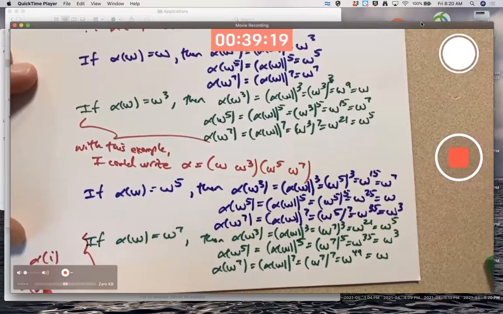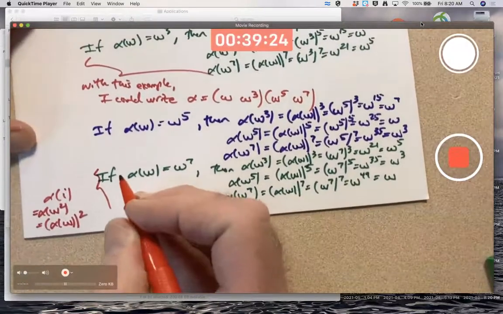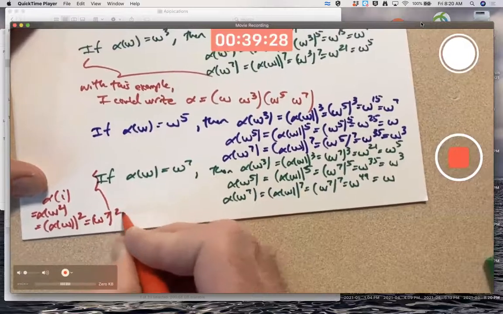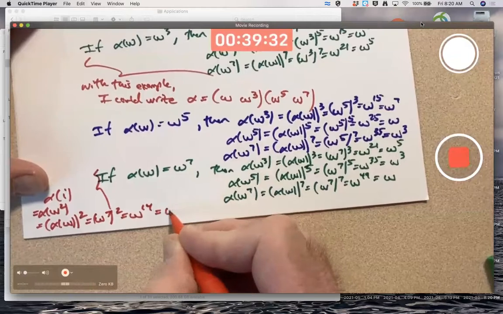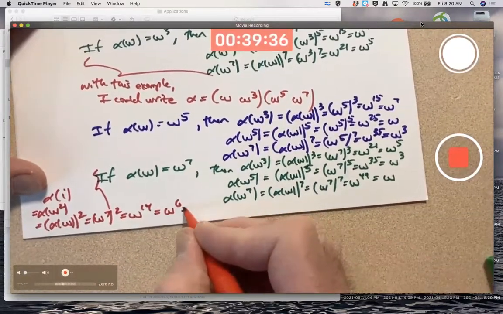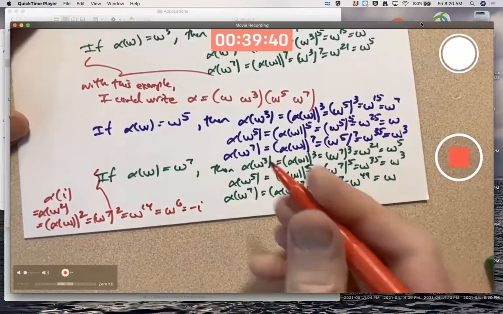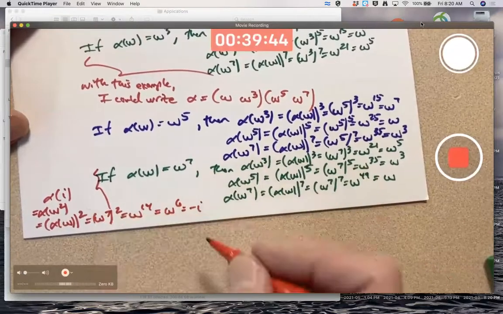This is going to get mapped to alpha of omega quantity squared. And if omega gets mapped to omega to the 7th, this is omega to the 7th squared, which is omega to the 14th. Mod the exponent by 8, you get omega to the 6th, which is actually negative I. So if omega gets mapped to omega to the 7th, then I gets mapped to negative I.